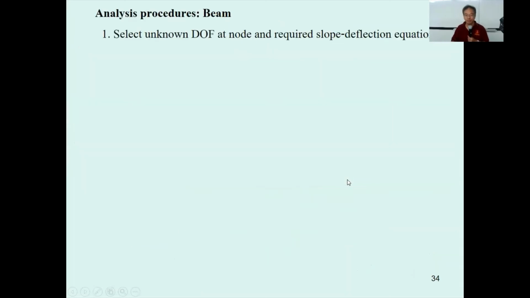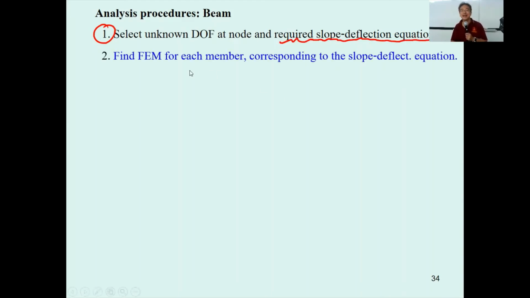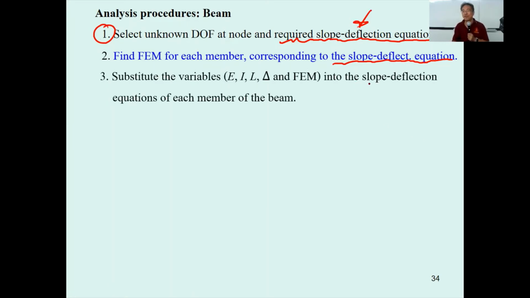Now most of the time we will start by considering the structure that I just mentioned to you. This is the important step, because you're going to select the set of slope deflection equations, so be very careful to select this, and then just find the fixed end moment corresponding to the slope deflection equation. You just pick and put everything into the slope deflection equation of each member.